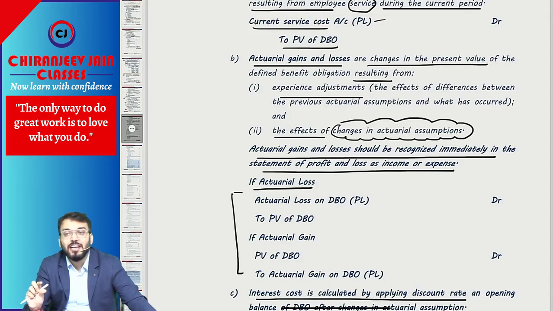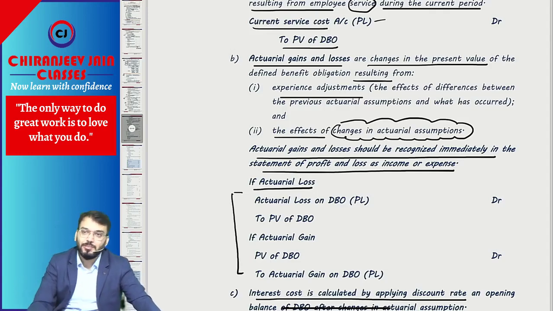So that is known as actuarial gain or loss. If there is an increase in liability, it is known as what? Actuarial loss. If decrease in liability, then actuarial gain. So what will be the journal entry for actuarial loss? Actuarial loss to present value of DBO. What is the journal entry for actuarial gain? Present value of DBO to actuarial gain. This actuarial gain or loss will also be transferred to PL immediately. Understood? This much we have done.